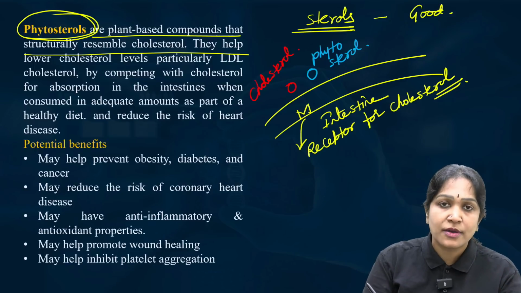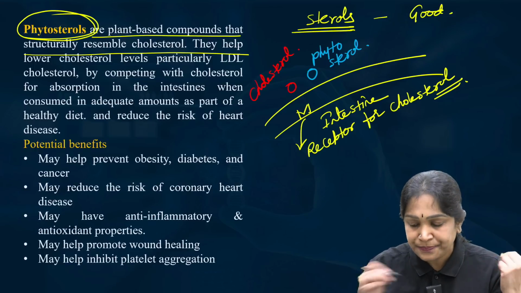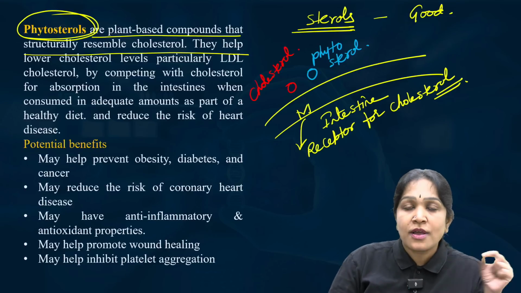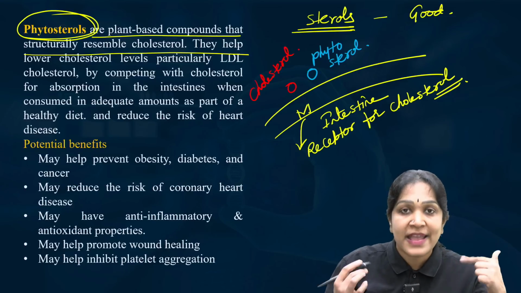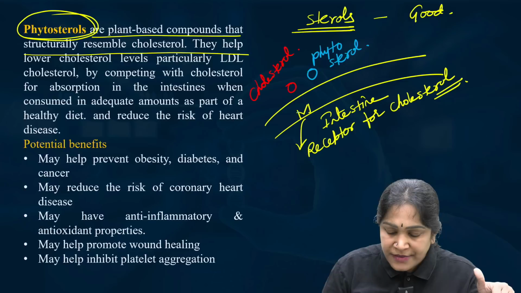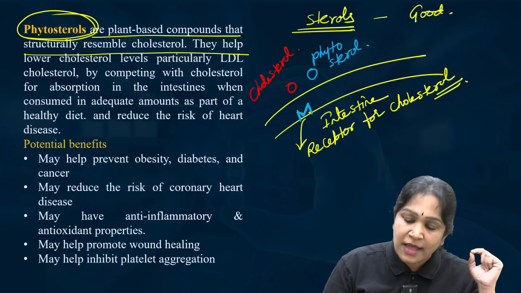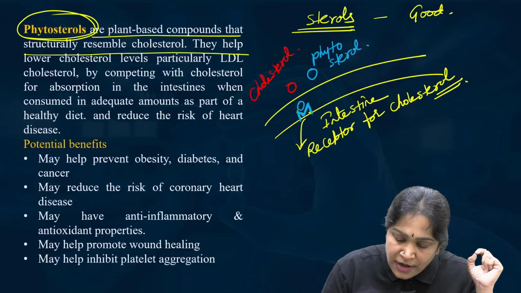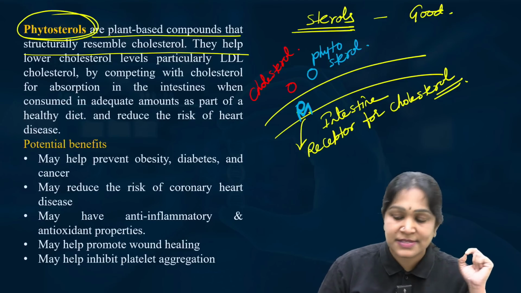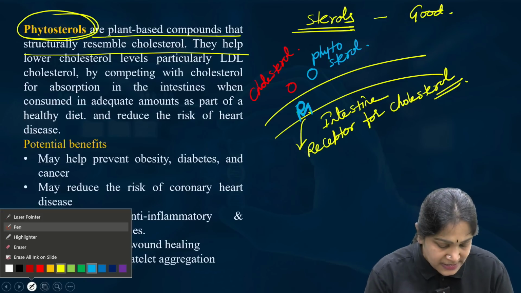They are very much like the cholesterol. So now what happens? Phytosterol and cholesterol both will fight for the receptor which is present on the intestine. In the intestine, we have receptors for the cholesterol. Now, if the phytosterol binds to these receptors, because of this what happens?